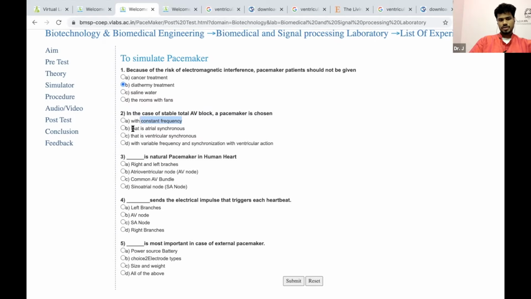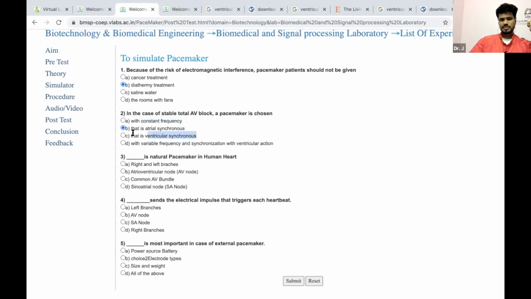How about that is atrial synchronous? Yeah, you try to synchronize with the atrium. See, when the atrium got initiated, after some delay, when the AV node is supposed to get the signal, use that delay and pace the AV node if possible. And often, close to the AV node, this bundle is possible. That is a ventricular synchronous. The AV node is blocked, so the ventricles are not going to pump unless you pace it.